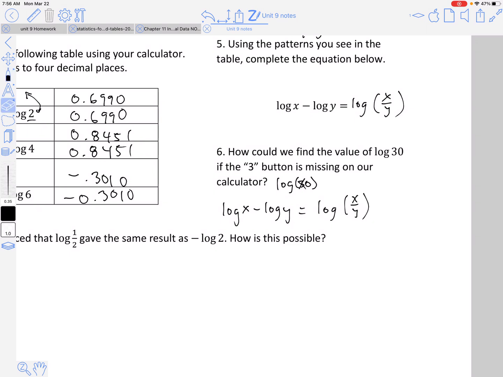So if we could think of a way, and I'm going to erase these, but know that the top will be the first one, the bottom will be the second one. If we could think of a way to get 30 by dividing, and there's lots of ideas, but 60 divided by 2 could work. So then we'd have 60 and 2 right there.